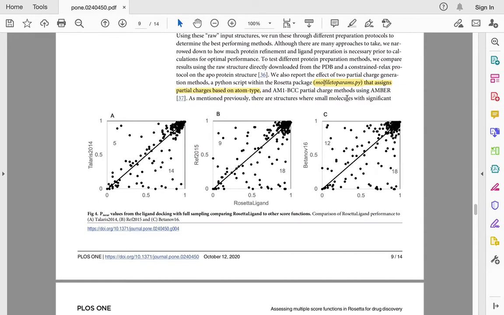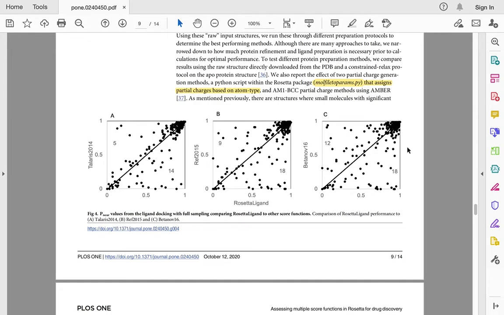This paper also introduced a parameter called p-near value. This parameter quantifies score function's ability to recapture the experimentally determined binding pose. If the dot lies above the diagonal line, it suggests that the score function on the y-axis is better than the function on x-axis.